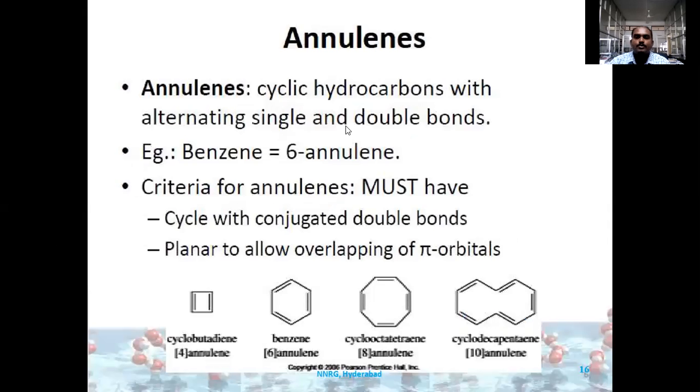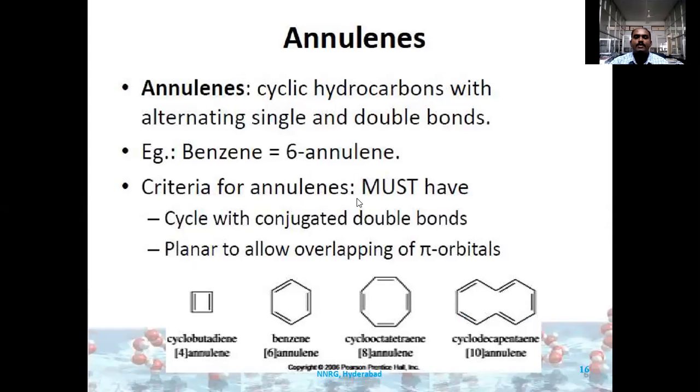The other type of compounds we now call annulenes. Annulenes are nothing but cyclic hydrocarbons with alternate single and double bonds. Benzene, for example, we call 6 annulene. If the cyclic compound has more than 6 carbons, we give the number of atoms in brackets and call it an annulene.